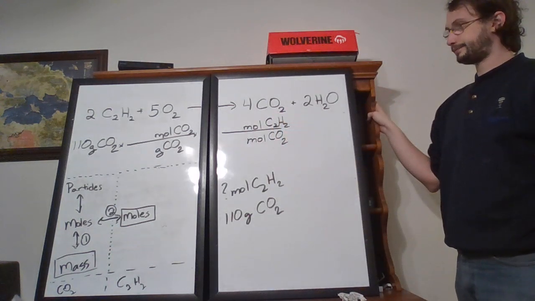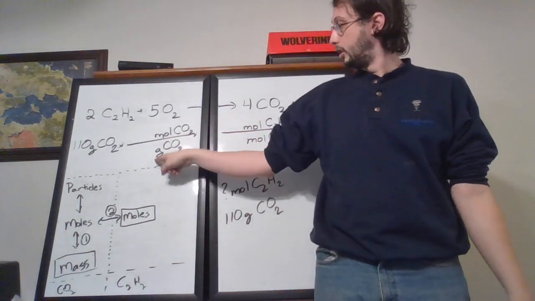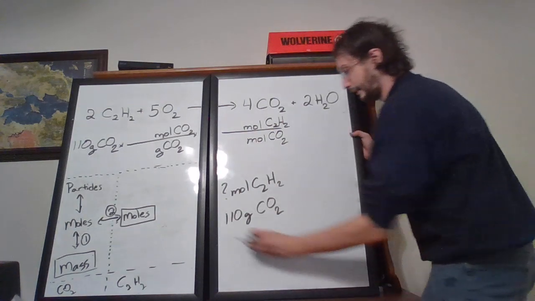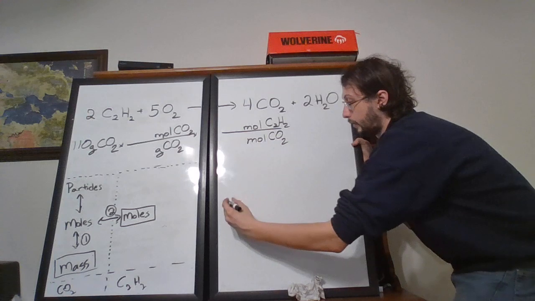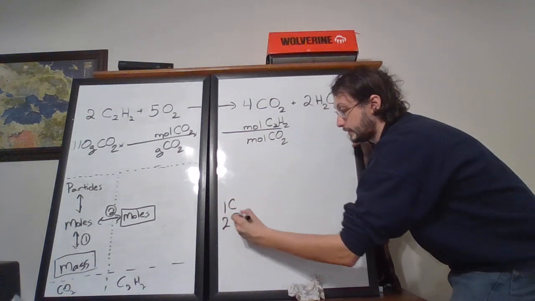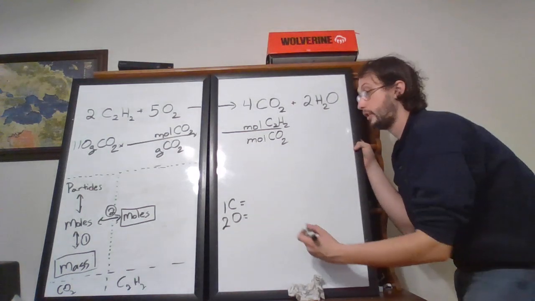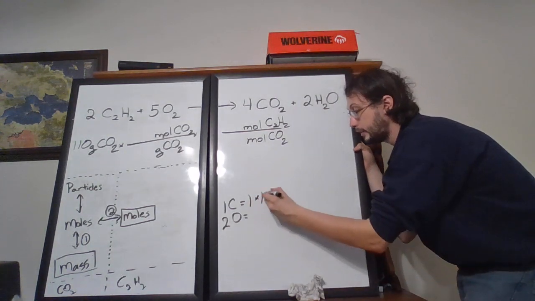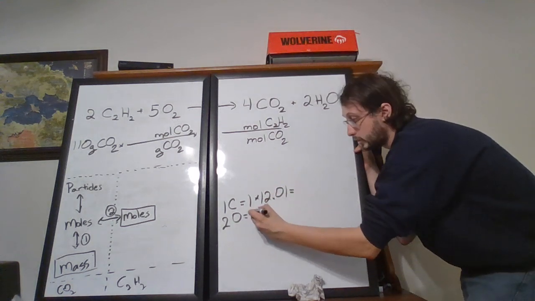All right. Going back to that first conversion factor, let's fill in the numbers now. Grams to moles of carbon dioxide, that's a molar mass problem. Anytime you go between moles and mass, it's molar mass. So we've got 1 carbon and 2 oxygens. We need to look up the mass of a carbon and an oxygen on the periodic table. When you do so, we have 1 carbon. Each carbon is 12.01. 2 oxygens.